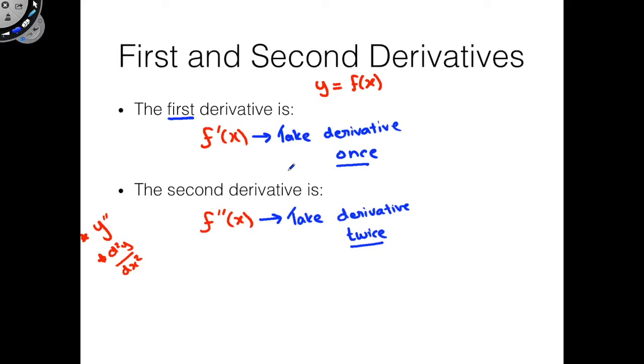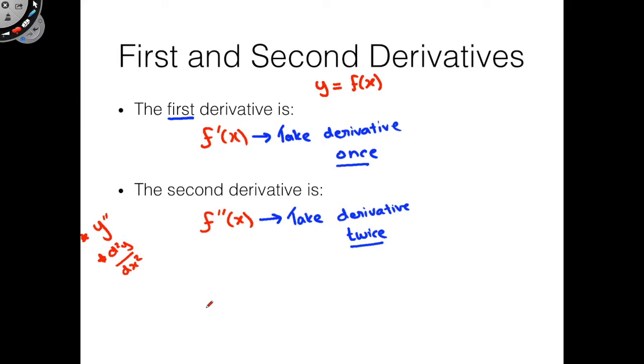If you have some original function like f of x, first you do your derivative-taking process once, like we've done before, but then you take it again. That's basically all that it is. You take it twice. And you can extend this to higher order derivatives as well.